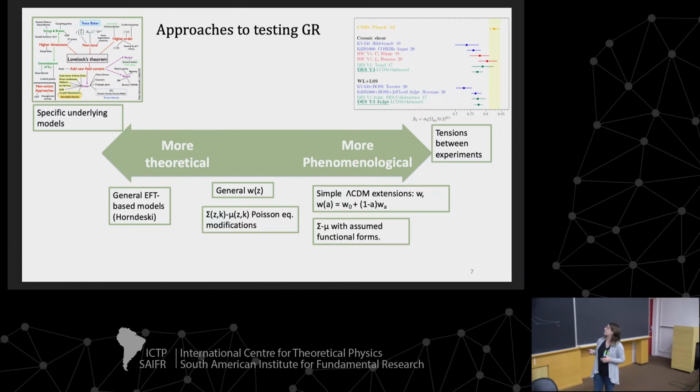And so I like to think of approaches to testing general relativity, and just in general our standard cosmological model, the lambda CDM picture, on a continuum from more theoretical approaches to parameterizing deviations from GR to more phenomenological ends. On the most phenomenological end, I would put these tests where we look for tensions between experiments.